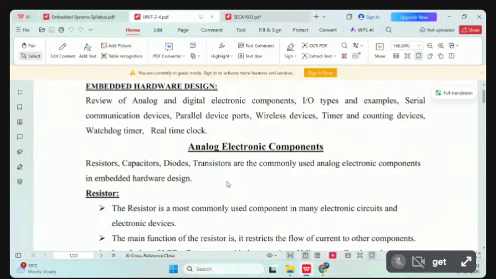So with the help of analog signals, we can have any signal.